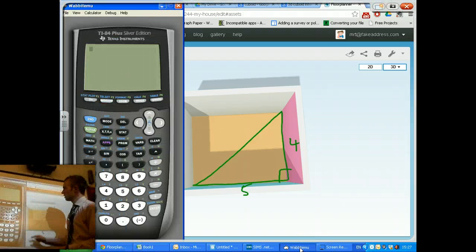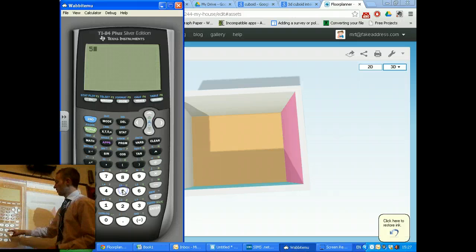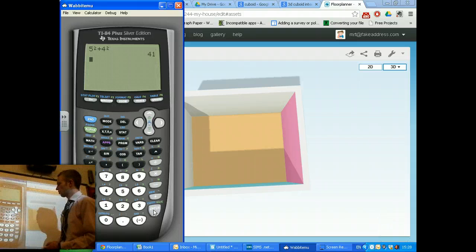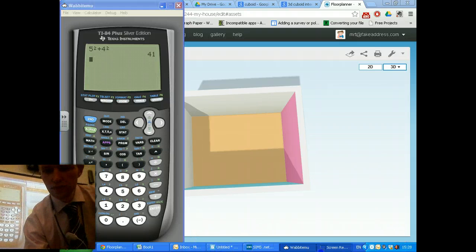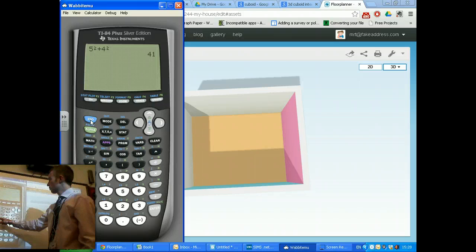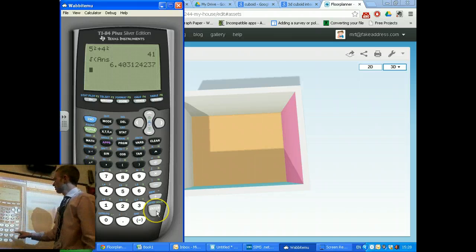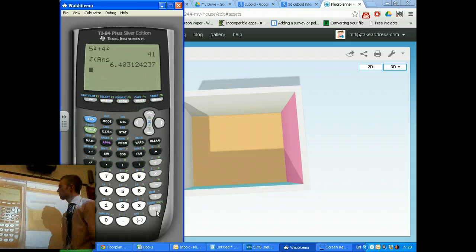And all I have to do is, on my calculator, I'm going to do 5 squared plus 4 squared, and I'm going to do the square root of that. I've got the square root of my answer, which is 6.403.